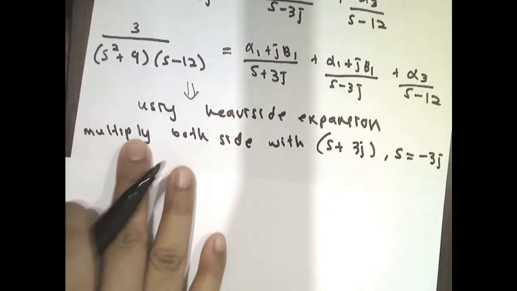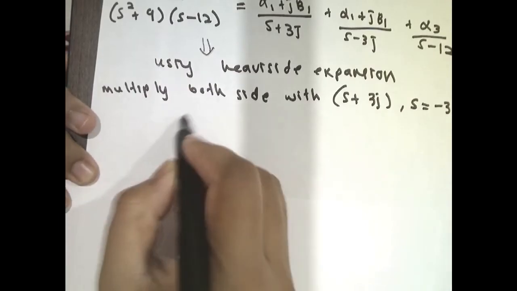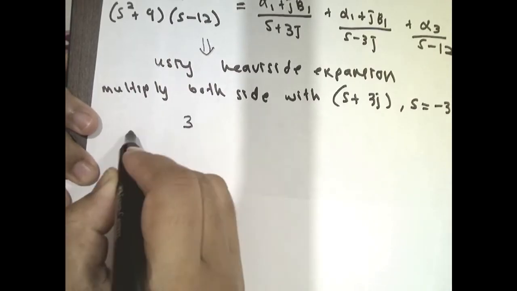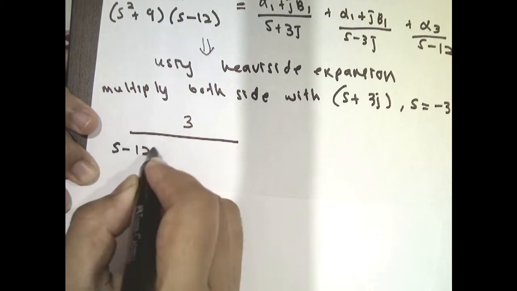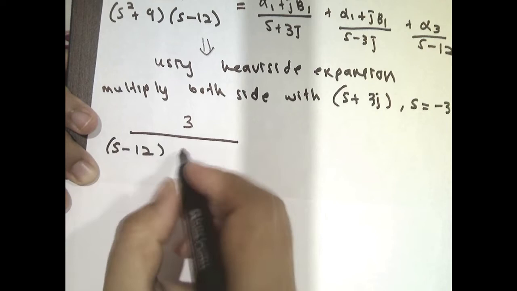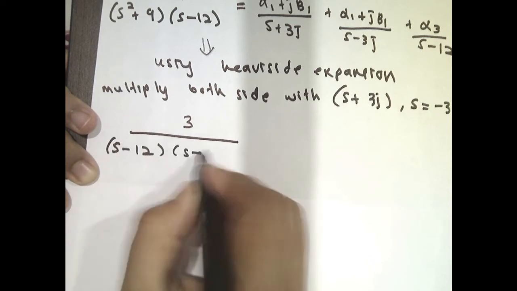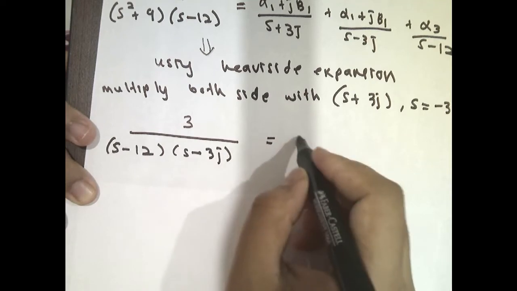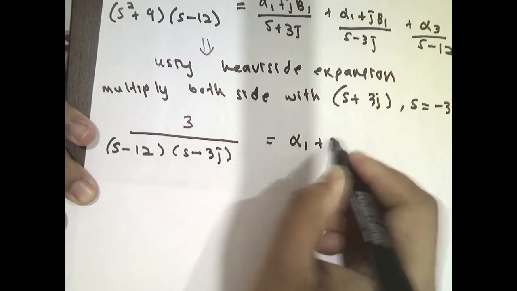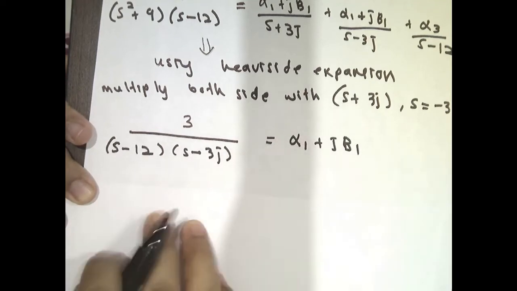So what happens if you assume like this? The equation will become 3 over s minus 12 times s minus 3j equals alpha 1 plus j b1. Alright.